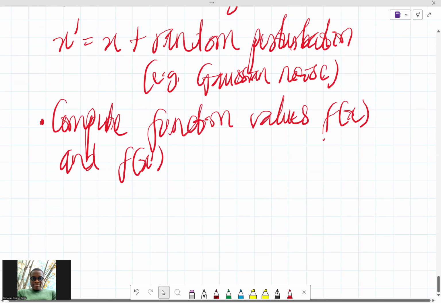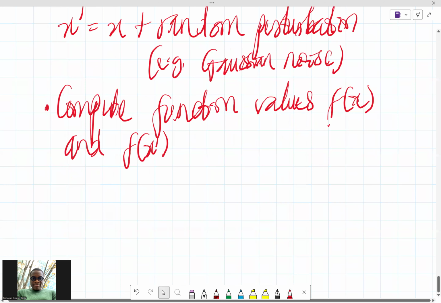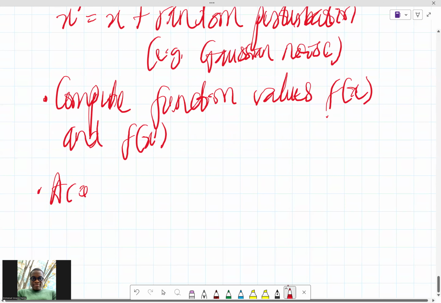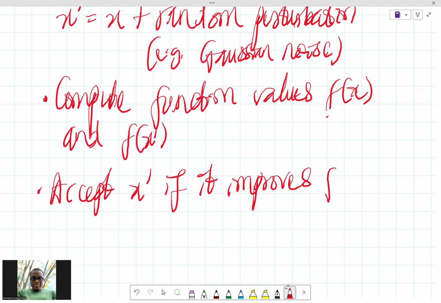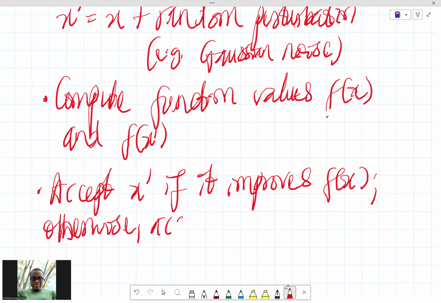Then the next thing we want to do is accept x prime if it improves f of x. Otherwise, accept it probabilistically.